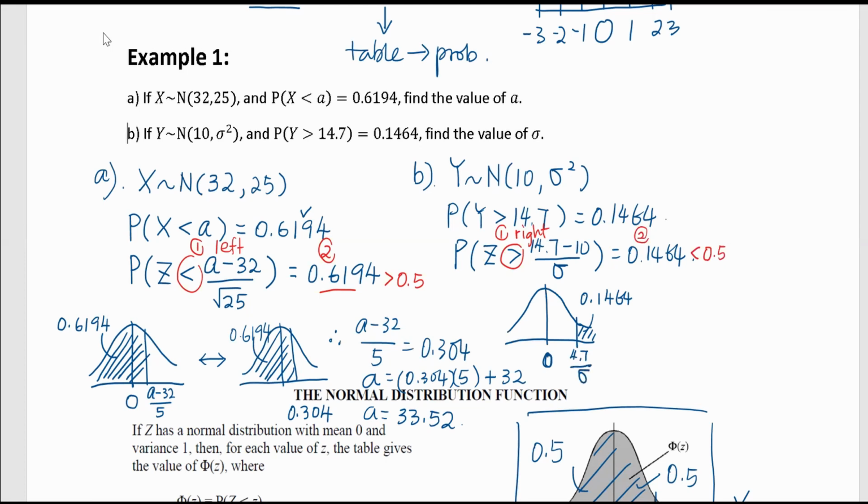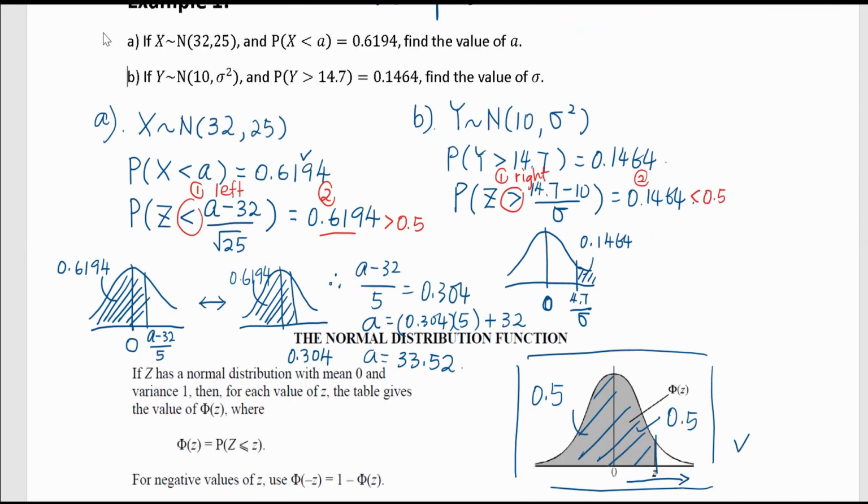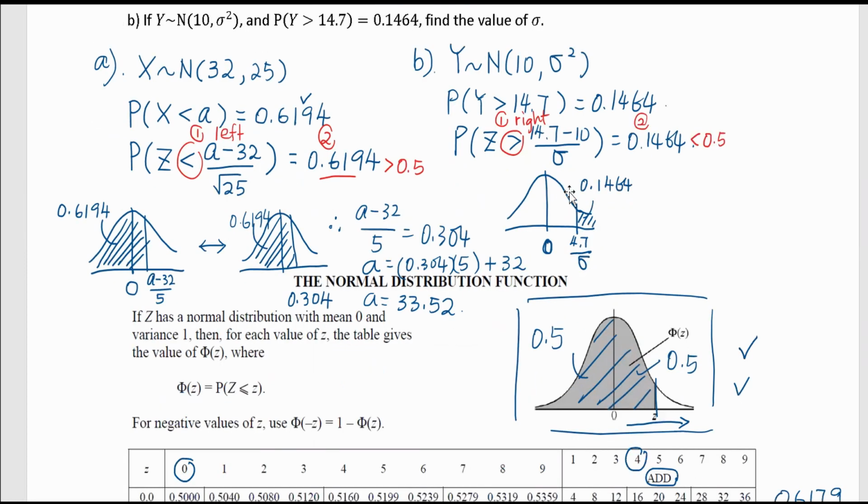Okay, so what are we going to do? If you refer back to this diagram here again, you can tell it's the opposite area given in this question. So in order to refer to the table, you are not able to get it done directly. So what must you do first? You just have to simply look for the probability by 1 minus 0.1464. What do we want?